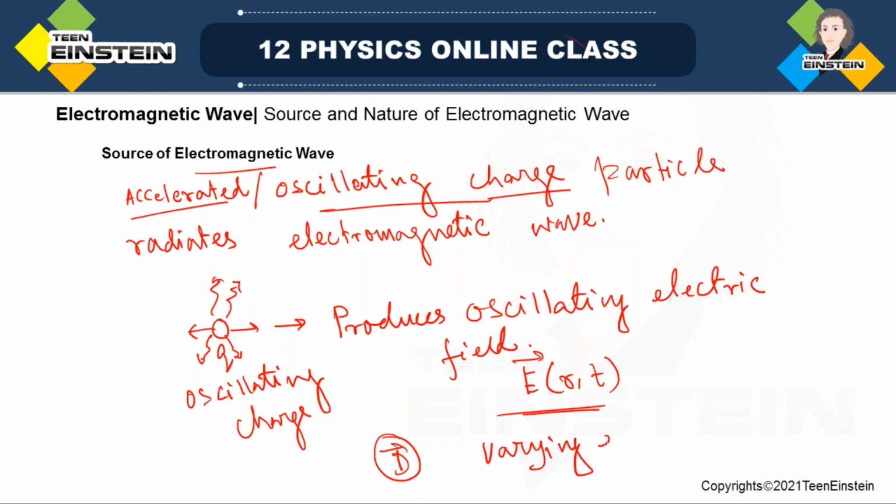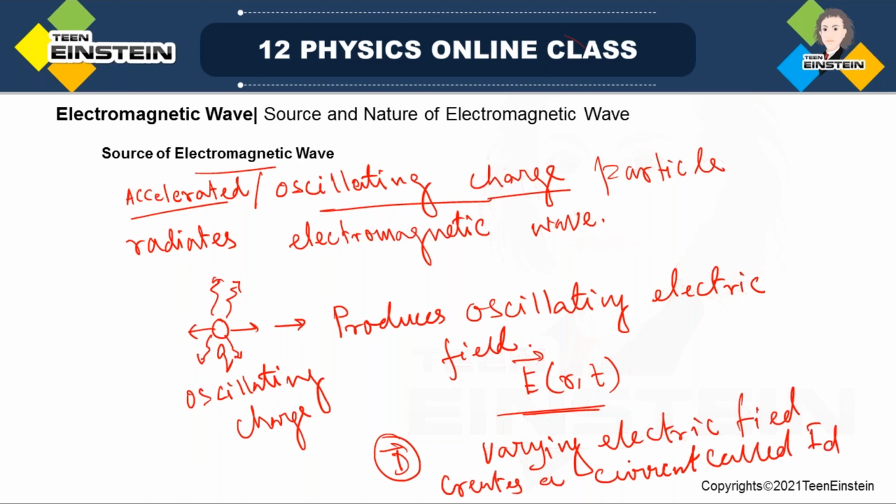A varying electric field can create a current, and a varying magnetic field can create an oscillating electric field, and it will be a regenerative process.